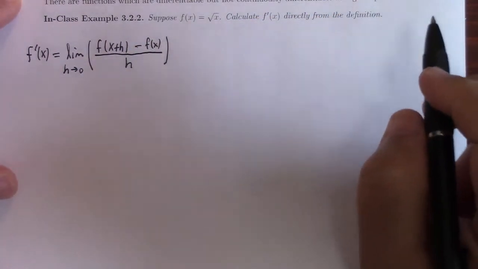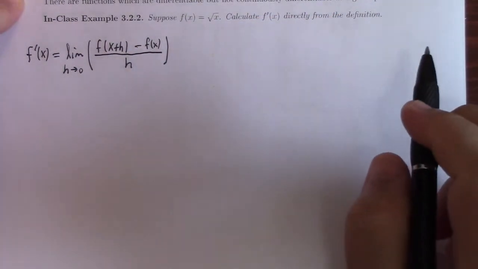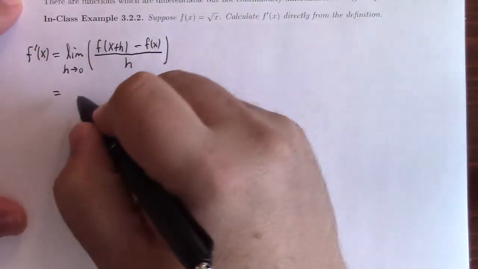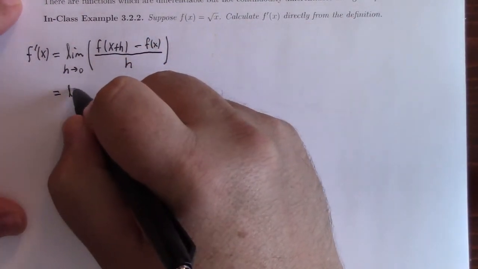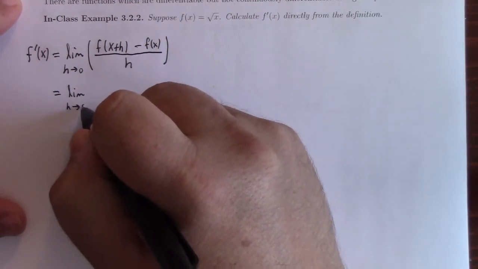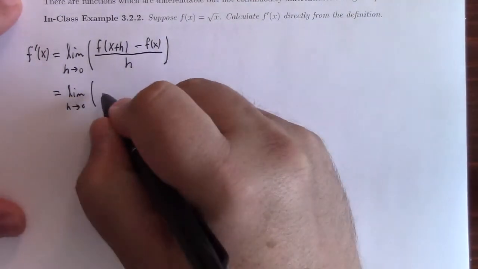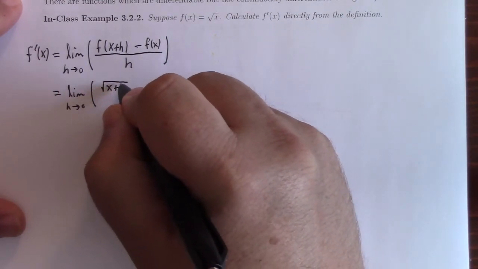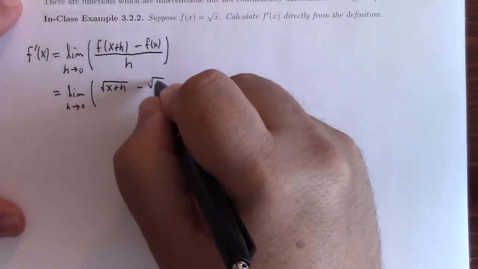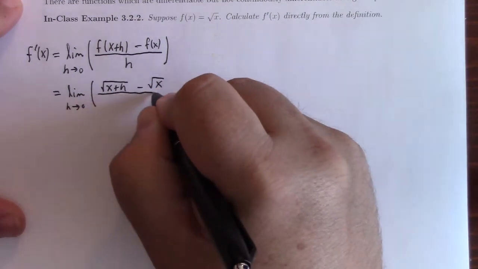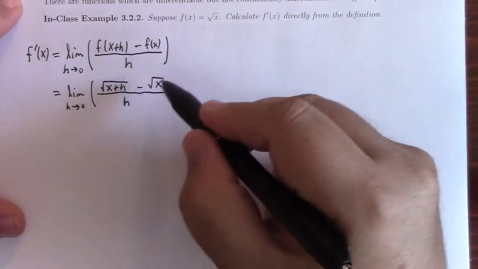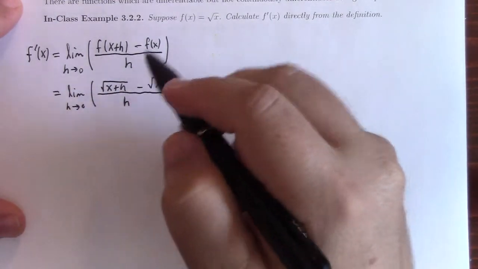Now, what we're looking at here is the square root of x plus h minus the square root of x divided by h. Now, that's type 0 over 0, right?